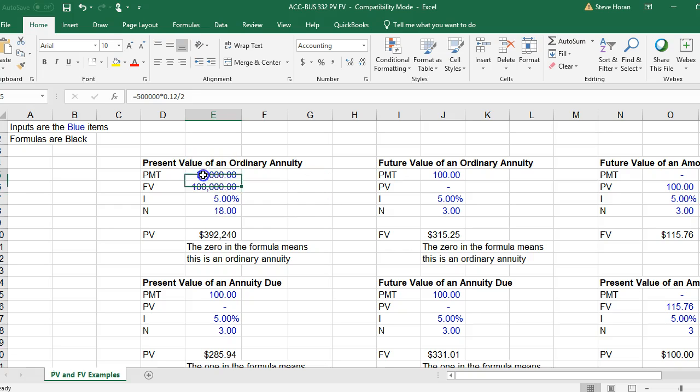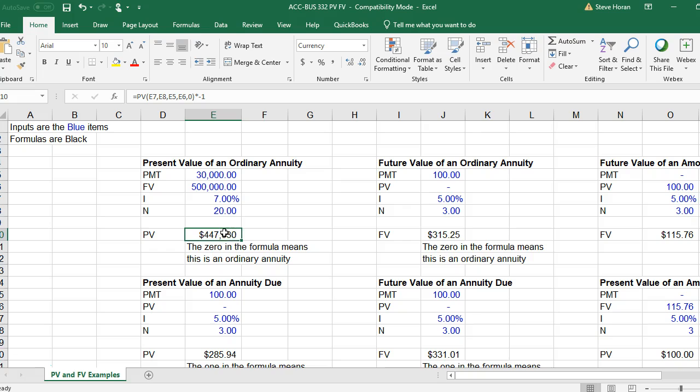The future value is the face amount, the maturity value, 500,000. The market rate of interest was 14, but I divide that by 2 because, again, it's semi-annual. And this is a 10-year bond with 2 periods per year, so 10 times 2. I get 447,030 as my answer.